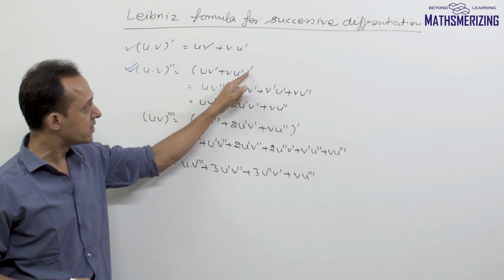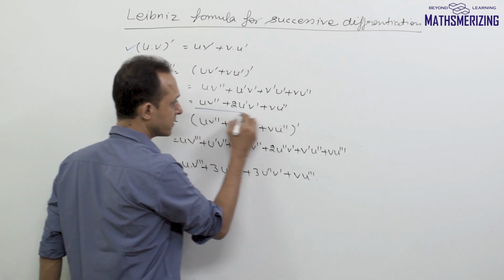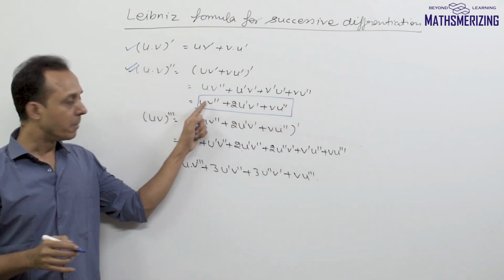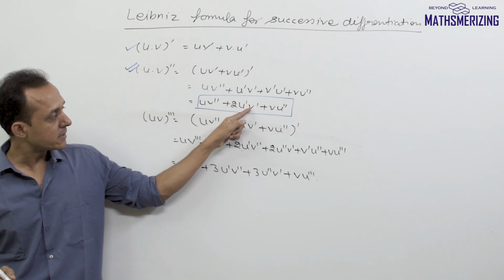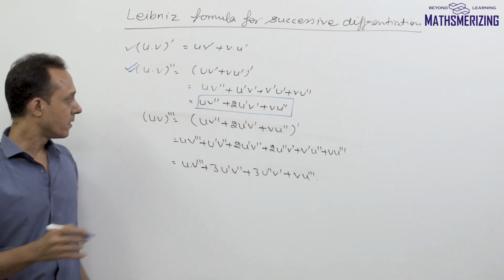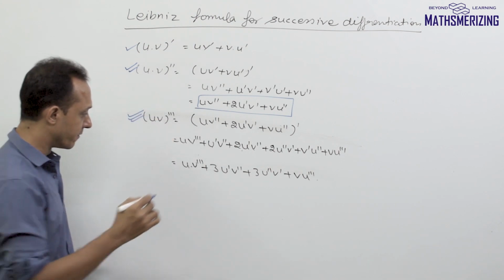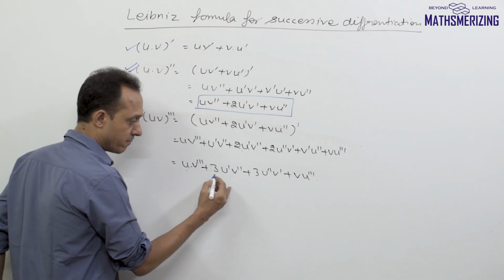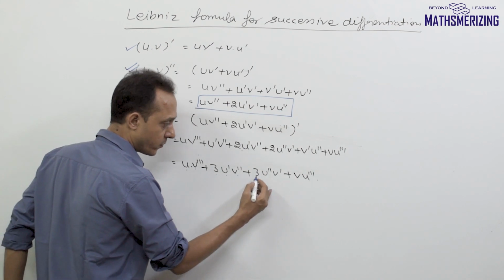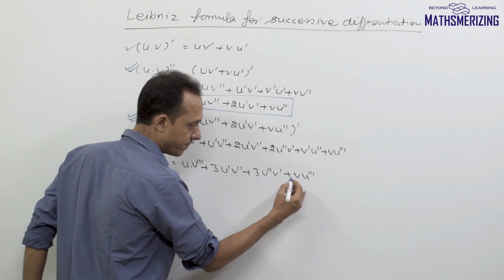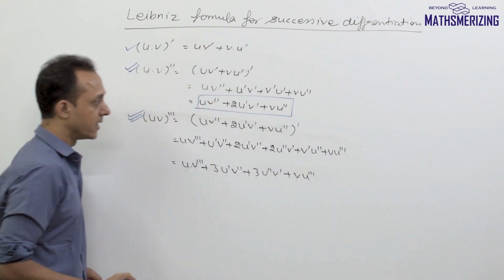and if I differentiate it again, I'll get this result, which is u v double dash plus 2 u dash v dash plus v u double dash. And if I differentiate it one more time, I'll end up with u v triple dash plus 3 u dash v double dash, 3 u double dash v dash, and then v u triple dash.